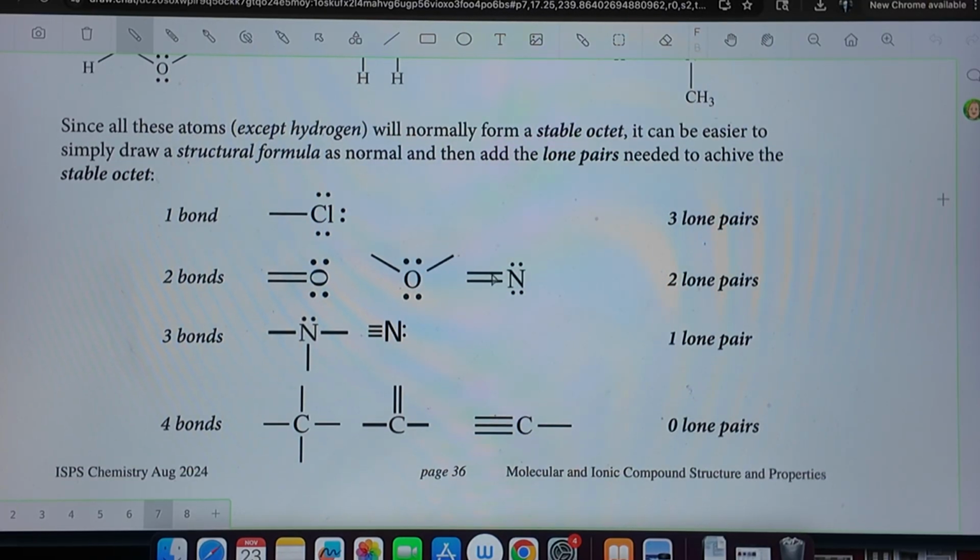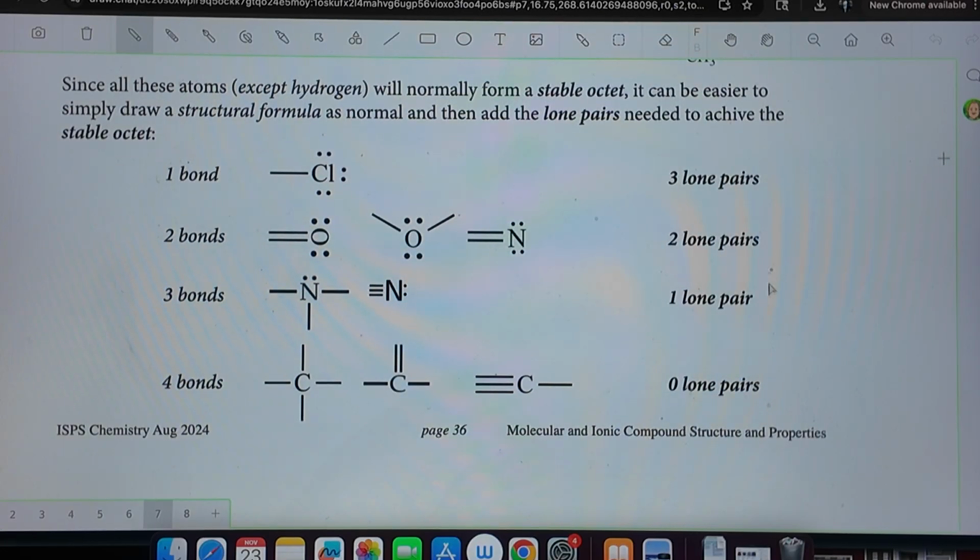These are the different options. That makes sense. If there are 0 lone pairs, there are no extra dots lying around. 1 lone pair, there's 1 pair of dots. 2 lone pairs, they'll be separated up and down. And 3 lone pairs. Let's get to these questions, though.